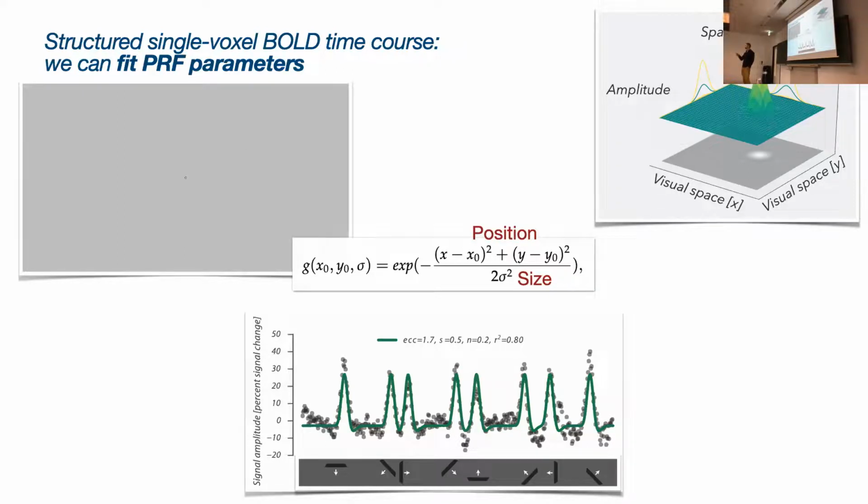Your question? Yes, this is about location and not orientation. Important: only location here. That's also why I was talking only about these retinotopic maps. We're only talking about location, because for location, we know that neurons that like a similar location are close together in the brain.